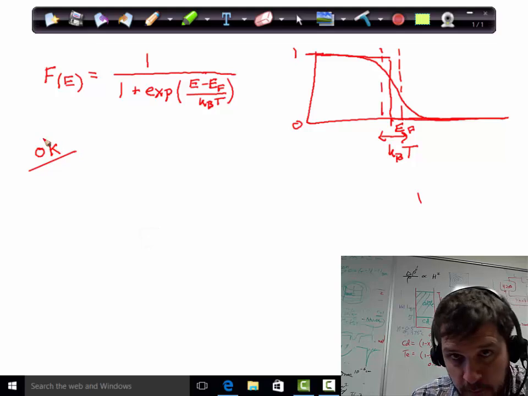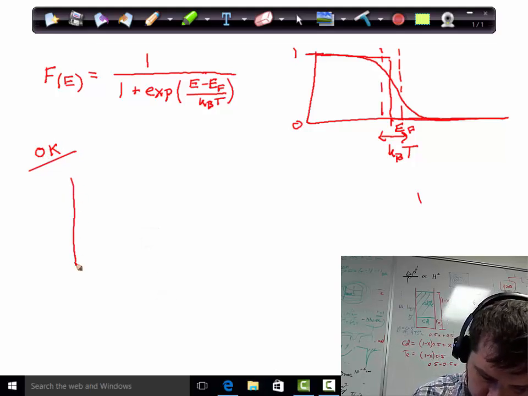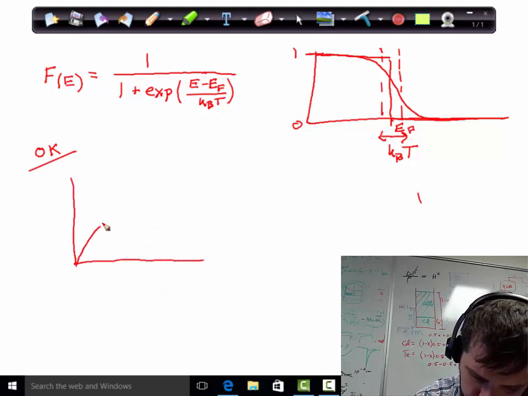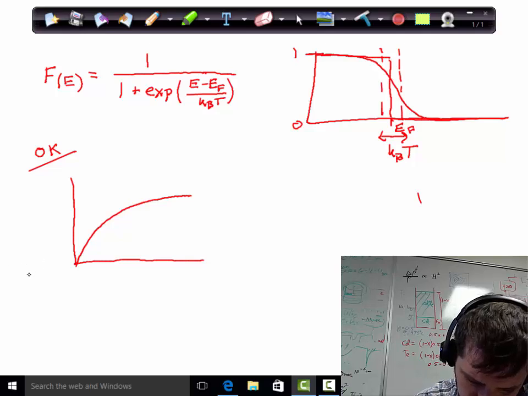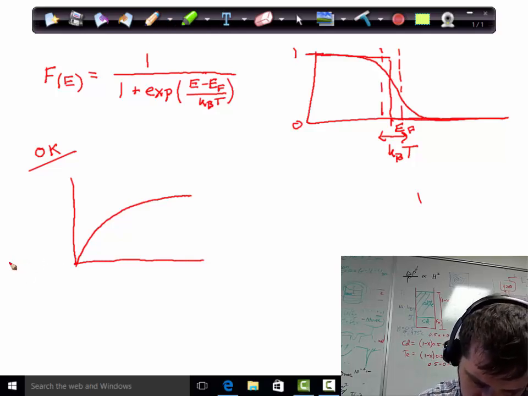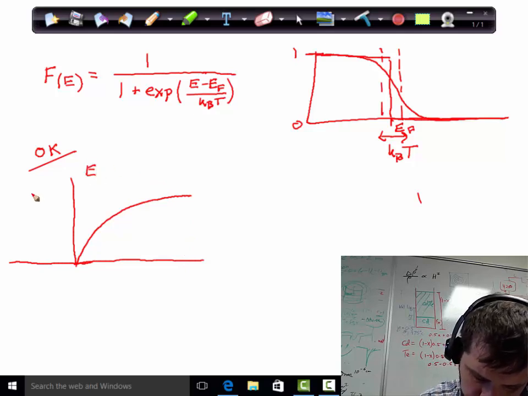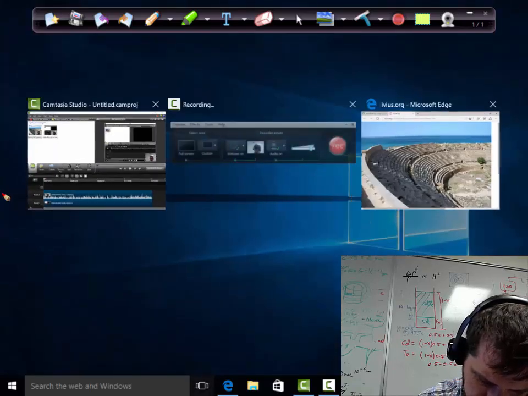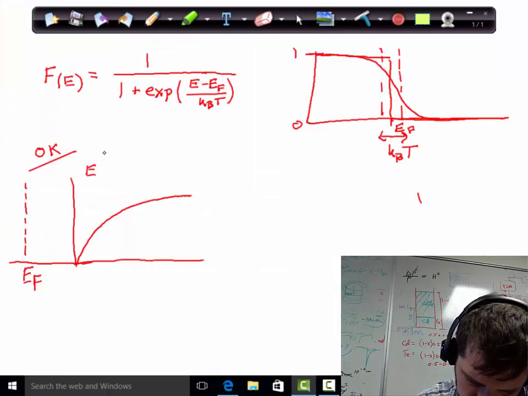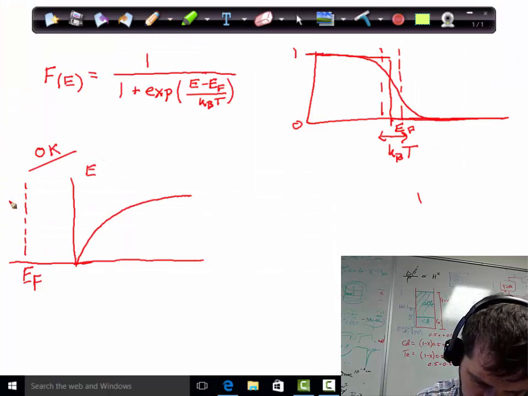This is 0K, and let's say now we have a density of states function in the conduction band, and let's imagine our Fermi energy is somewhere below the band edge, and we're at some reasonable temperature, like 300 Kelvin.